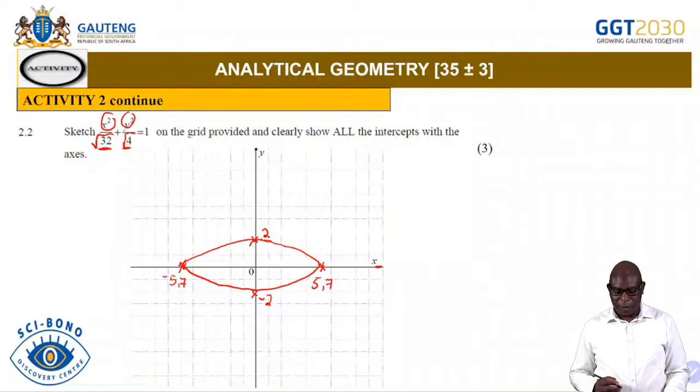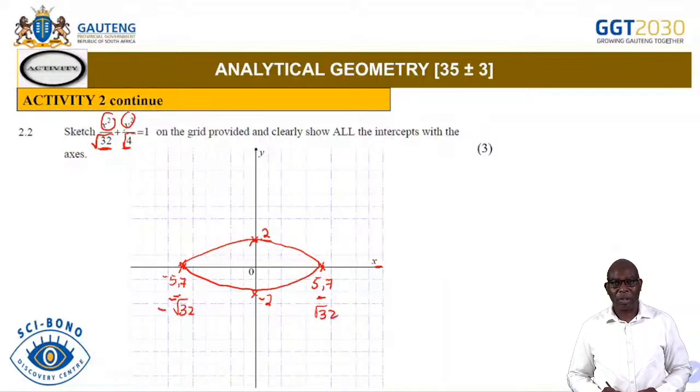Don't use the 32 there and the negative 32 there. You can use it as it is, square root of 32, or negative square root of 32 this side. But I cannot put a 4 here because I need a square root. Remember, y is squared, so we need a square root of that. That's the trick there.